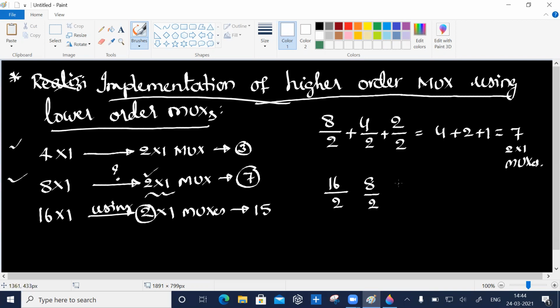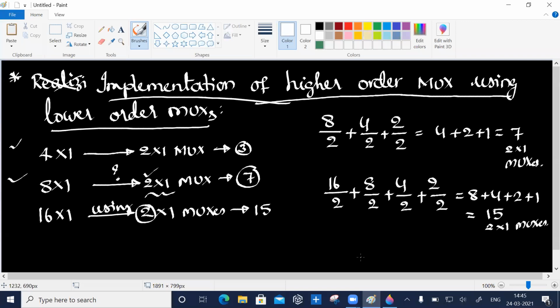What is 8 by 2? 4. Again by 2. What is 4 by 2? 2. Again by 2. What is 1 by 2? Don't do it. Just leave it. So now you must get 8 plus 4 plus 2 plus 1. So total you have 15, 2 by 1 muxes.